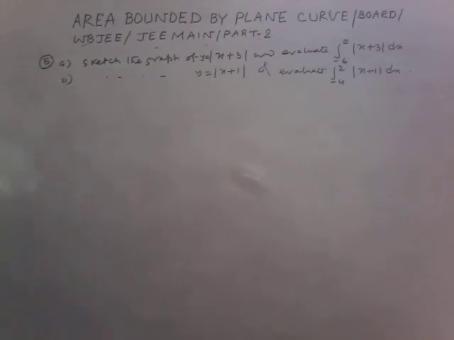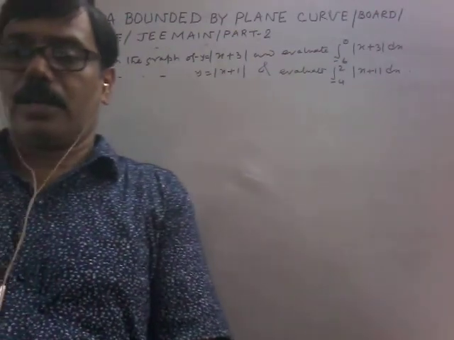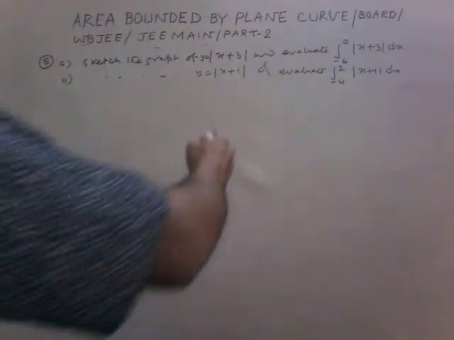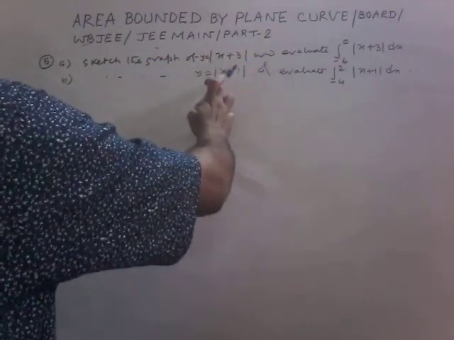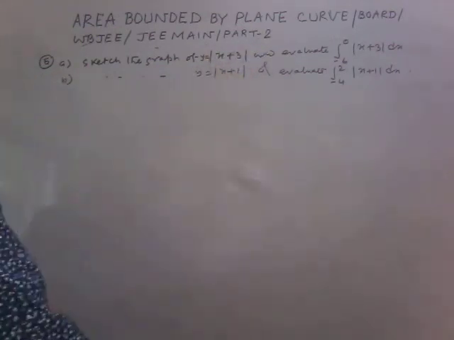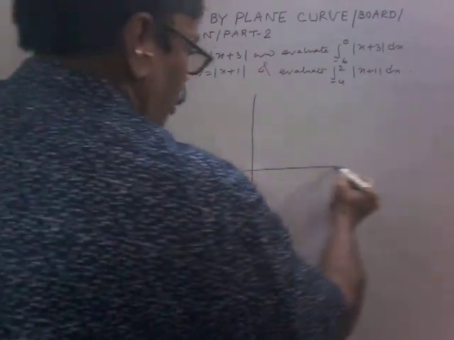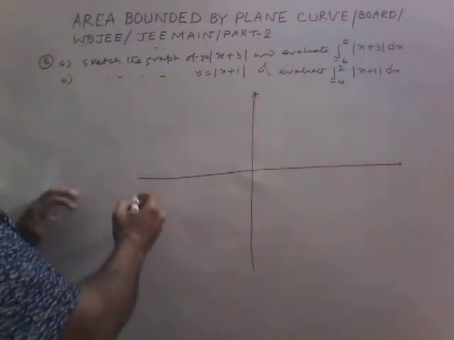Now we consider the area bounded by a modulus function. So sketch the graph of the function y equals mod x plus 3. We have already discussed how to draw the graph of mod x.